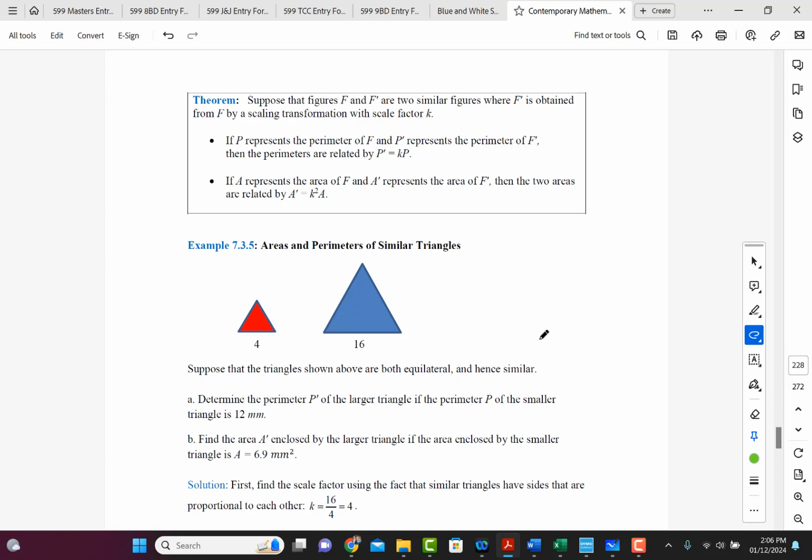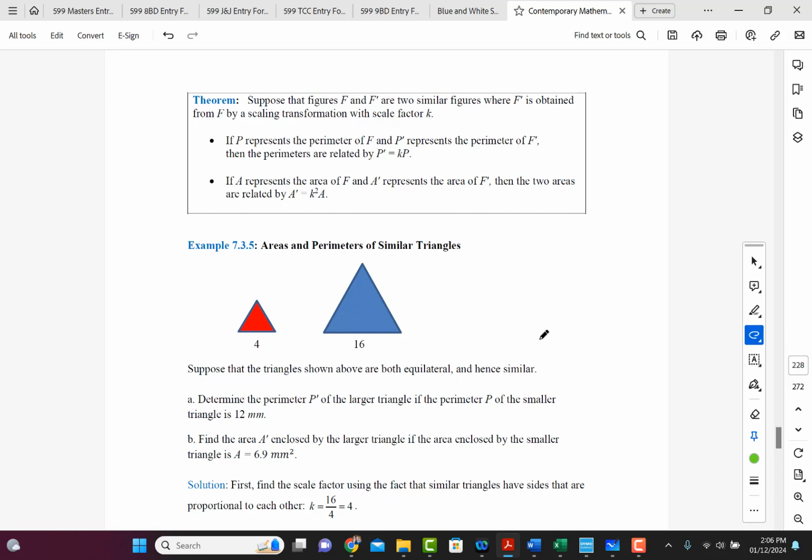Also, if a represents the area of f and a prime represents the area of f prime, then the two areas are related by the formula a prime is equal to k squared times a. So that is true for all closed geometric figures.